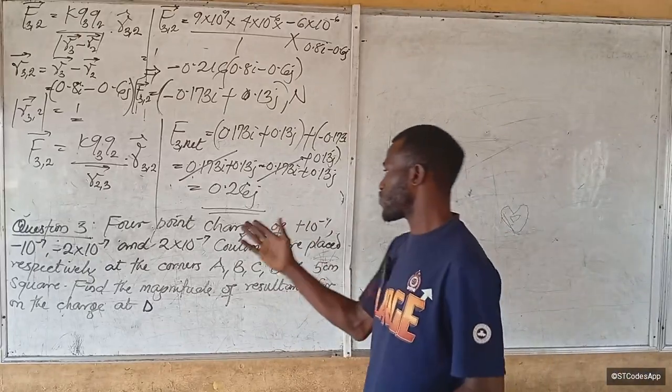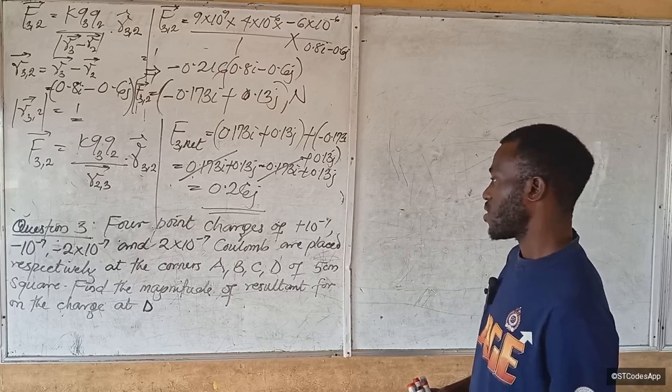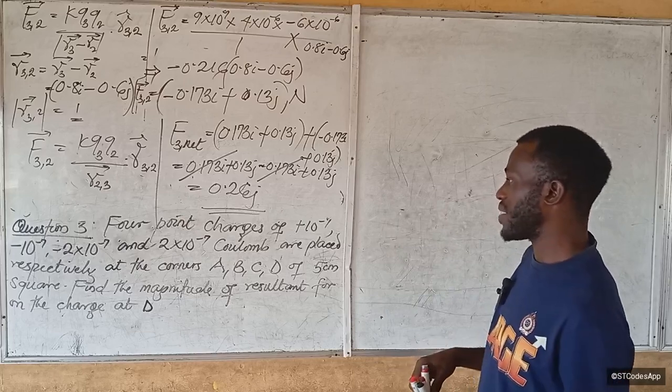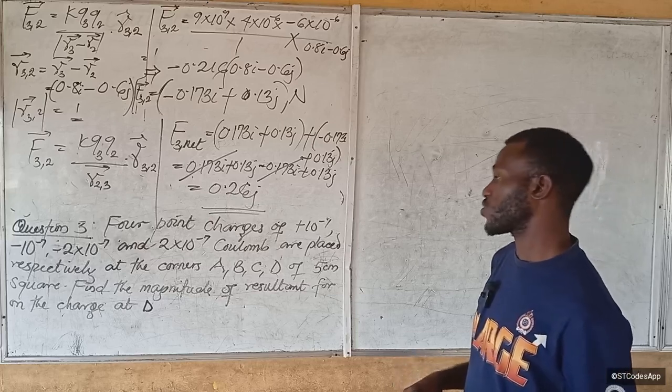All right, so 4-point charges of this magnitude, that magnitude, that magnitude, Coulomb, are placed respectively at corners A, B, C, D of a 5 centimeter square.